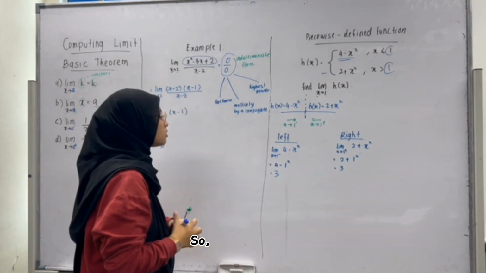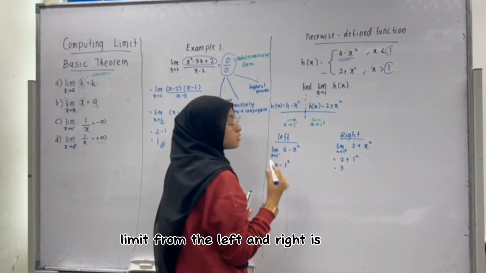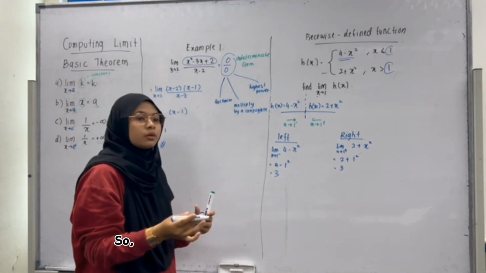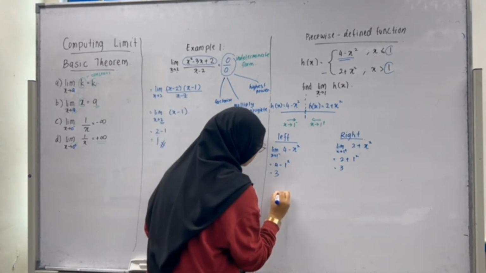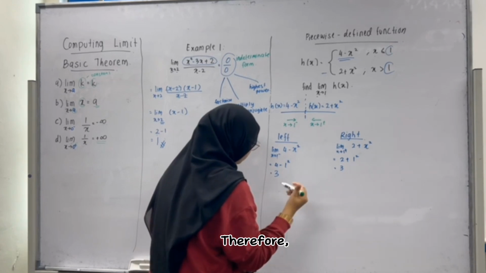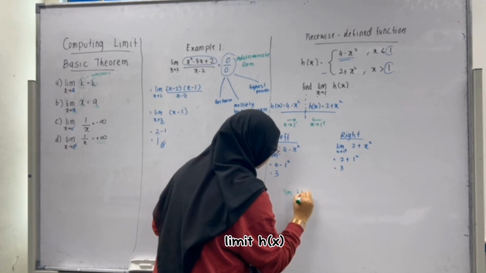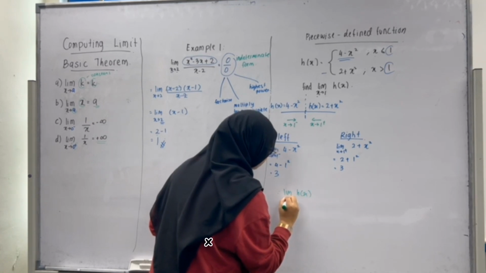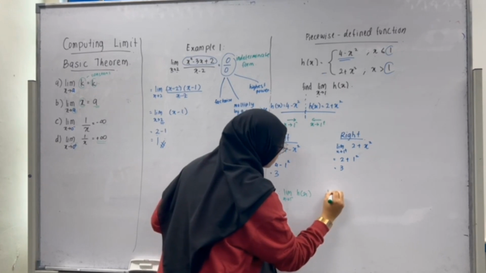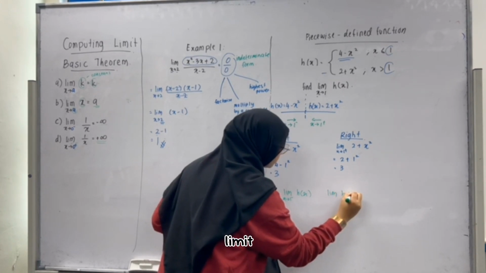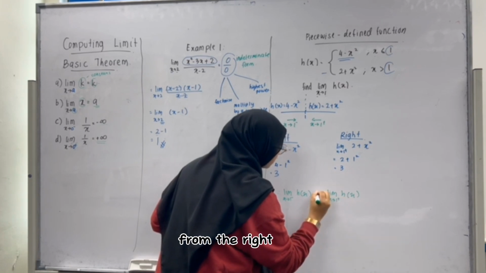So we can see that the limit from the left and the right is the same. So we can conclude that the limit exists. Therefore, the limit of h(x) from the left and the limit of h(x) from the right are equal.